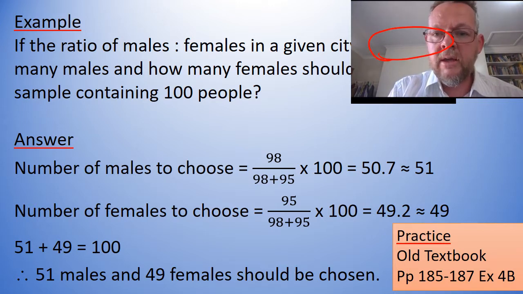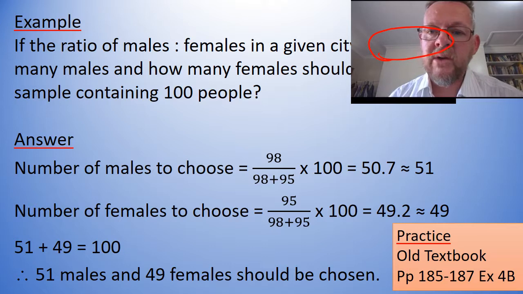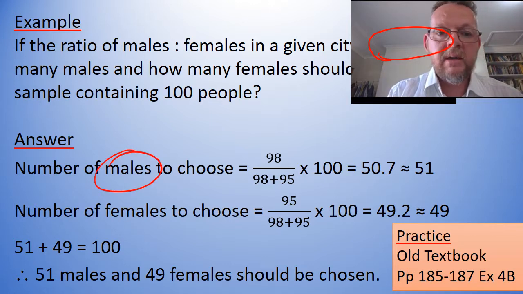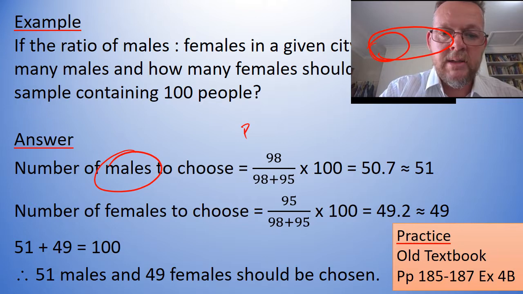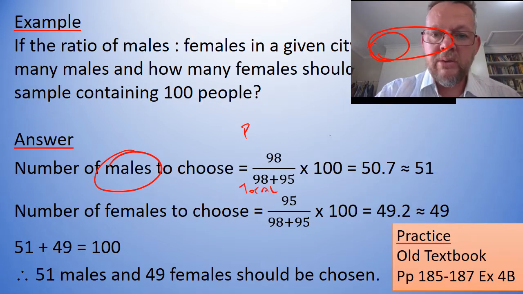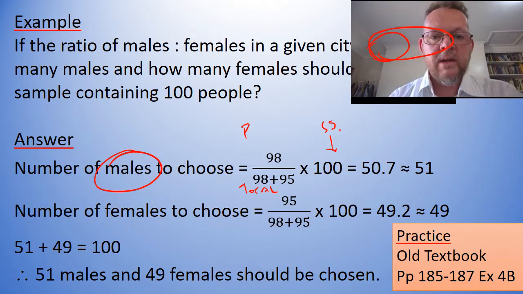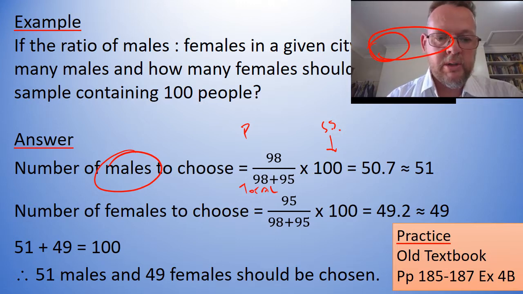The total is 95 plus 98, and then the proportion of the males is going to be 98. So we've got the part over the total, and then we're going to multiply it by the sample size. That looks like a stratified question, because we're asking how many should be in proportion.